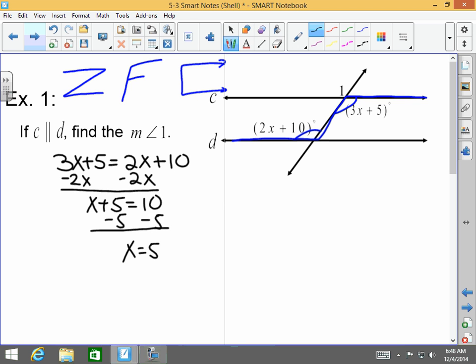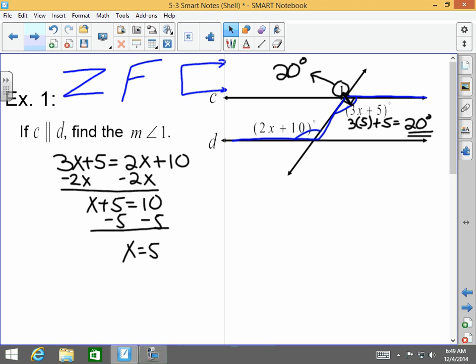If x is equal to 5, let's plug it in. 3 times 5 plus 5, that's 15 plus 5 is 20. Now because of vertical angles, these guys are vertical, okay? Since this is 20, then that means angle 1 is also 20 degrees. Nice and easy. Use the Z, the F, and the U to help you, okay?